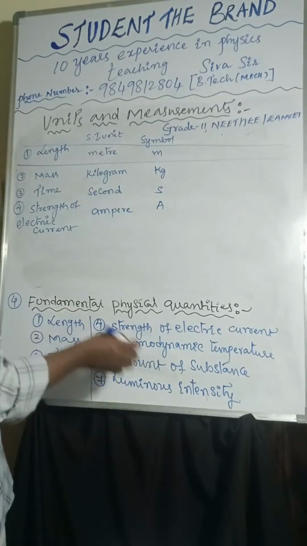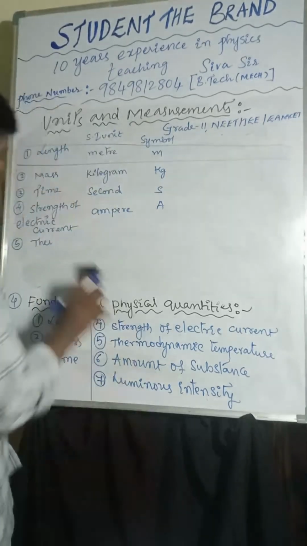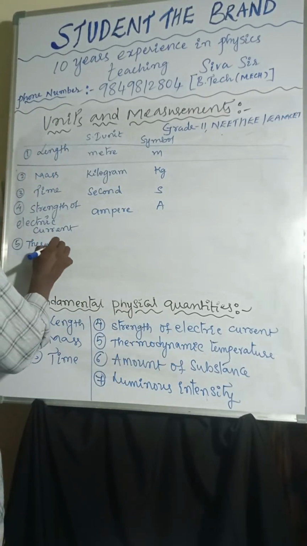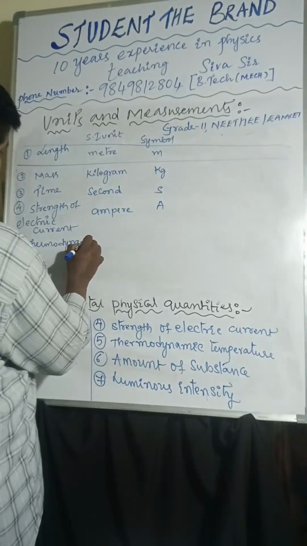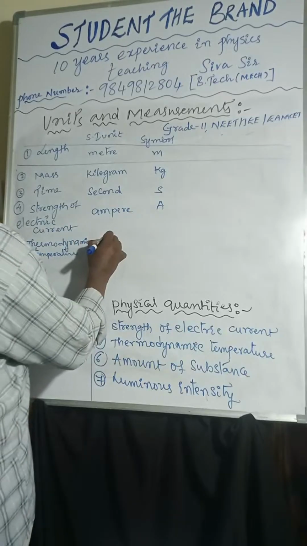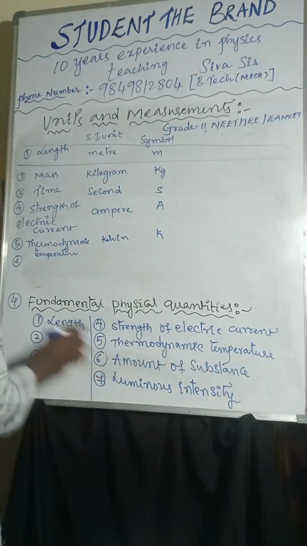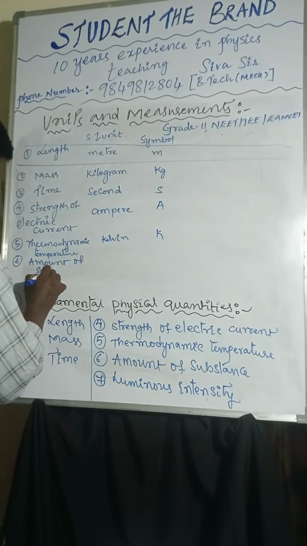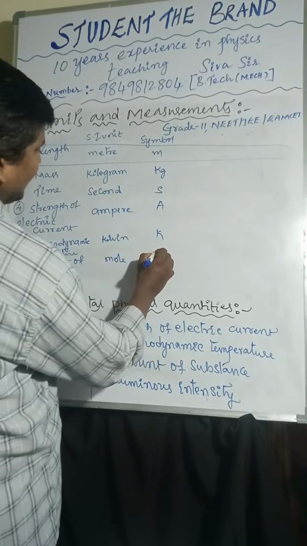The next one, the fifth, is thermodynamic temperature, which is Kelvin, K. The sixth one, amount of substance, is mole, symbol mol.